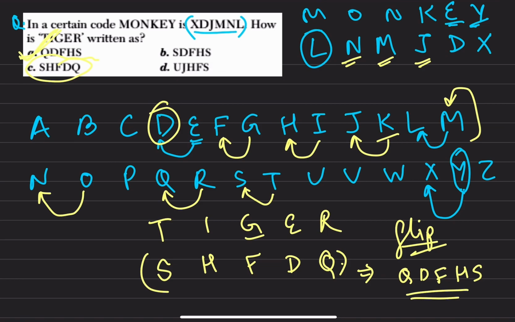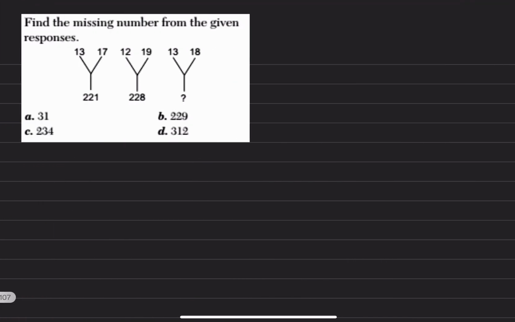Next question. Find the missing number from the given responses. We have to correlate these three numbers and use a similar pattern or relation to find the question mark. But before that, we have to check if this same correlation applies here as a confirmation. See 13, 17, 221.